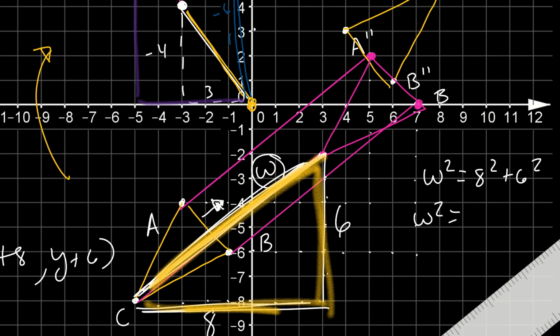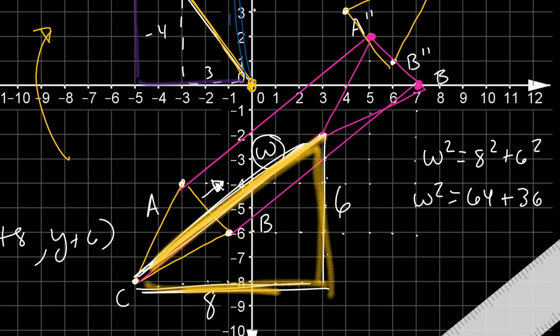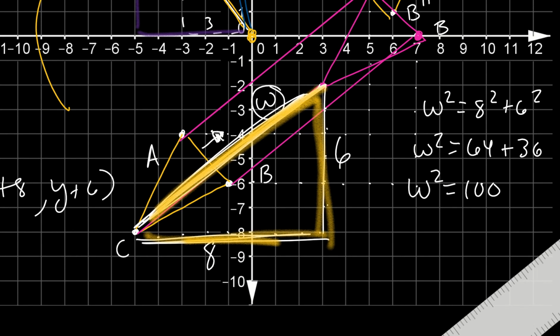W squared is 64, 8 times 8, plus 36, right? 100. W squared equals 100. And then that means if I take the square root of that, W is 10. So that means I'm traveling 10 units. I'm taking this whole thing and I am sliding it 10 units parallel.